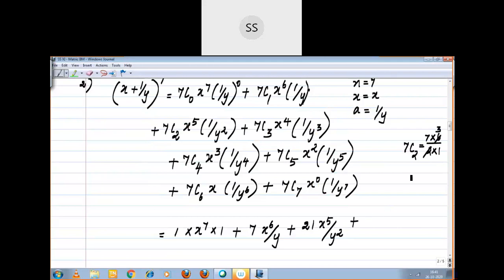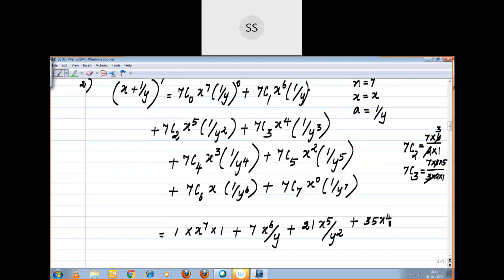plus 7c3. 7c3 equal to 7 into 6 into 5 divided by 3 into 2 into 1.